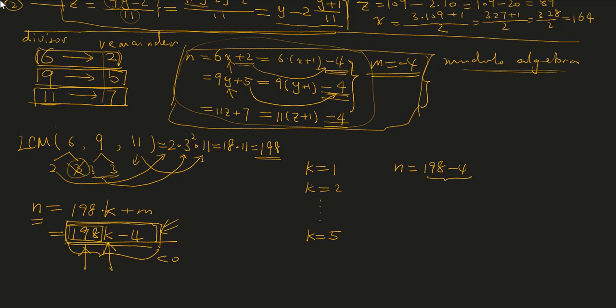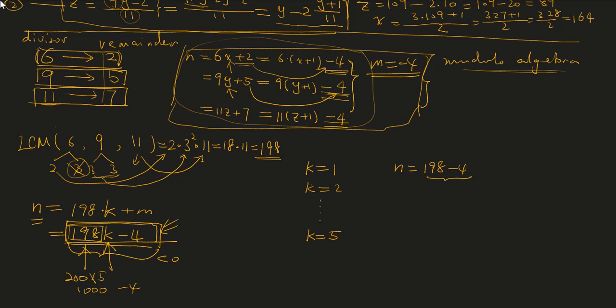Because look at this quantity, 198. That is very close to 200, right? So when that is 200 and k takes the value of 5, the first part of this expression gives you 200 times 5, that is 1,000, minus 4, which falls right within our range, near the upper bound.